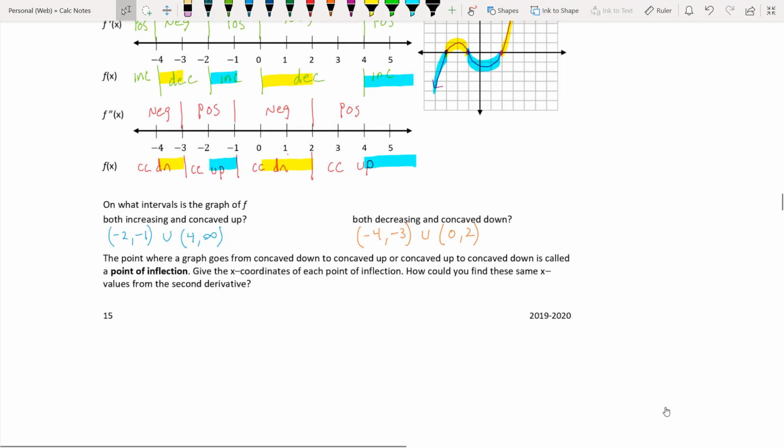The point where a graph goes from concave down to concave up, or concave up to concave down, is called a point of inflection. In other words, where we change from a definitive concave up to a definitive concave down, that point right there is a point of inflection. A POI is a point of inflection.